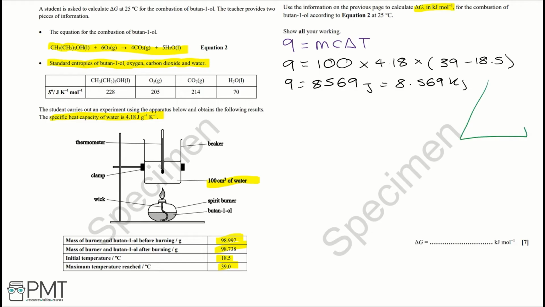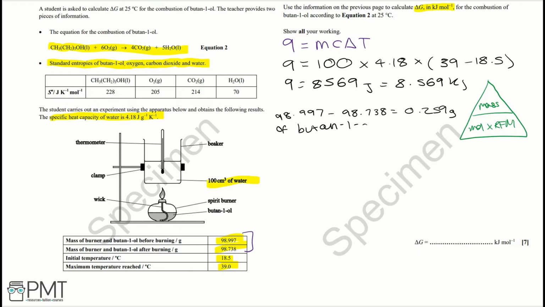Using the equation triangle of mass divided by moles times relative formula mass, we can work out the moles of butan-1-ol. But first, working out its mass, we're going to need the information in the table here, and we're going to minus the two masses. So it's going to be 98.997 minus 98.738. And that is equal to 0.259 grams of butan-1-ol.